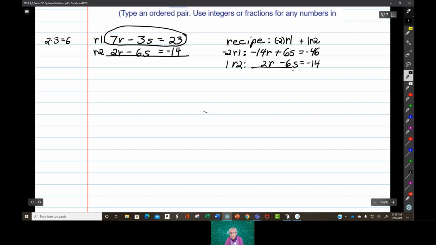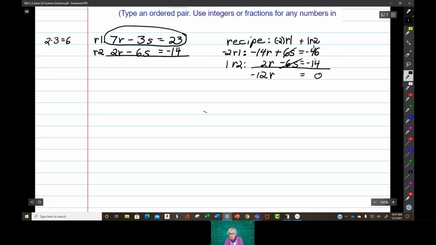And notice that what we get from that is this. First, what I wanted, 6S minus 6S zeroes out. So I'm left with -14R plus 2R. Since -14 plus 2 is -12, I'll have -12R equals 6 plus 4 is 10.